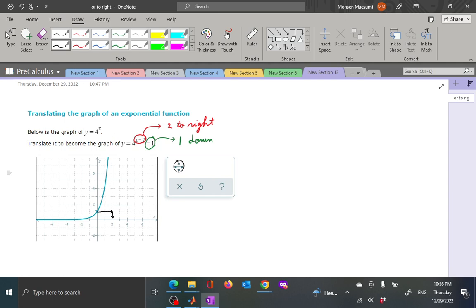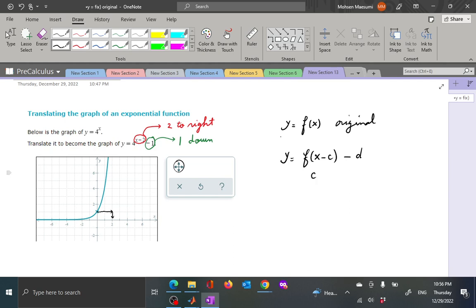As a matter of review, let's just go ahead and write down the general formula. If I have y equal to f of x, that would be my original, like this blue function that is drawn here. If you go ahead and talk about f of x minus c, and then for example minus d, what does this mean?